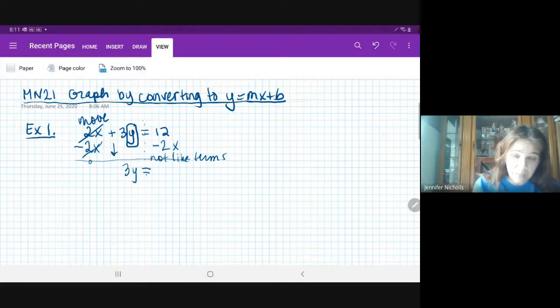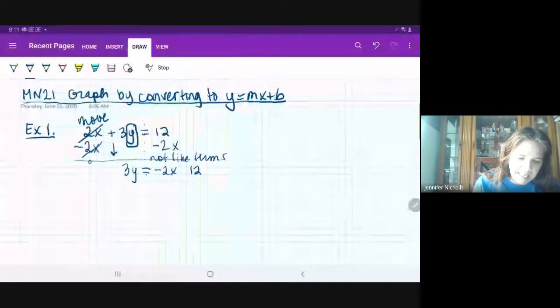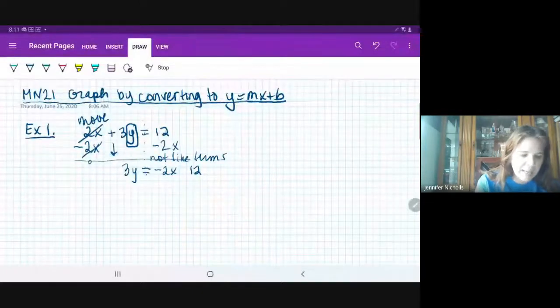Yeah, that's exactly what we did. We did keep the negative, so negative 2x plus 12. So it's like we brought them down. Remember I was writing like I brought them down and then I didn't put this sign in. I just put them next to each other. And then I would ask you, well, what sign is the 12? And then we decided it was plus. And that's how we got a plus here.